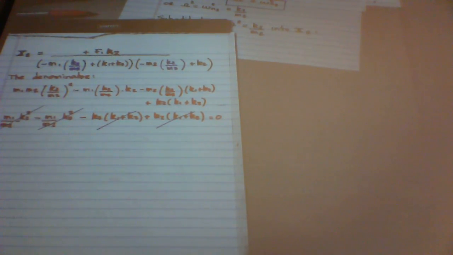Let's see, I'm looking at the algebra here, see if we miss something. Minus M1, M2, K2 squared. Minus K2, K1 plus K2. Plus K2 plus K1.